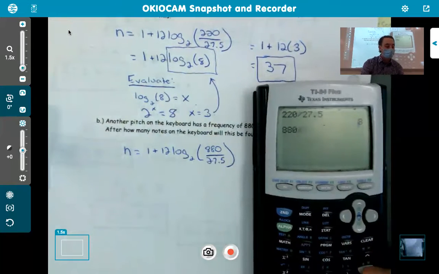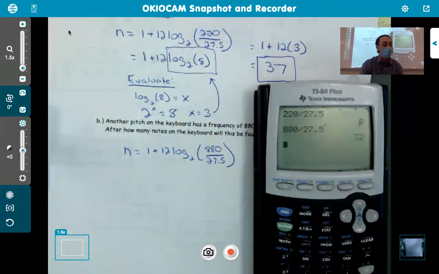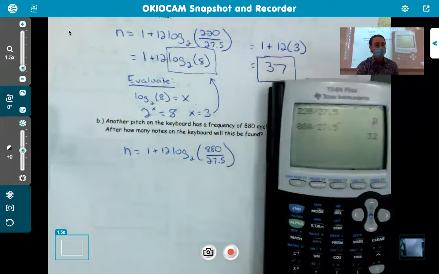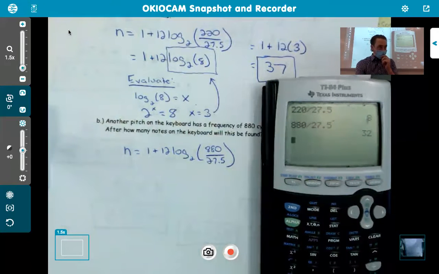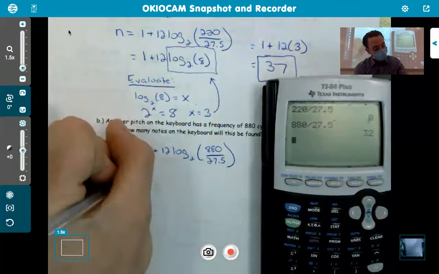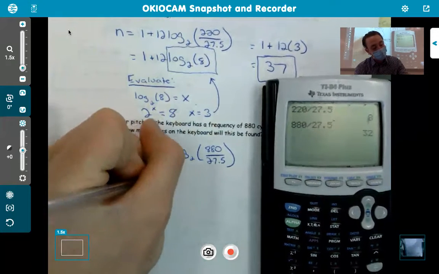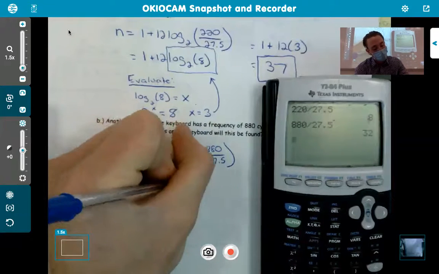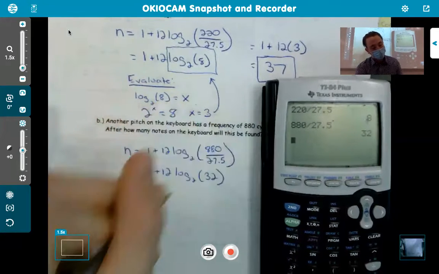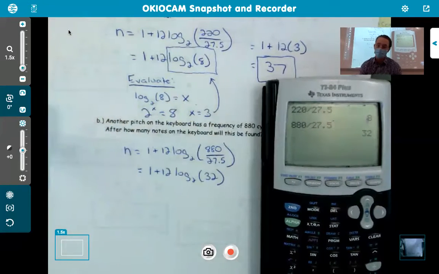So 880 divided by 27.5 gives me 32. So now my next line is going to be 12 times log base 2 of 32. All right.